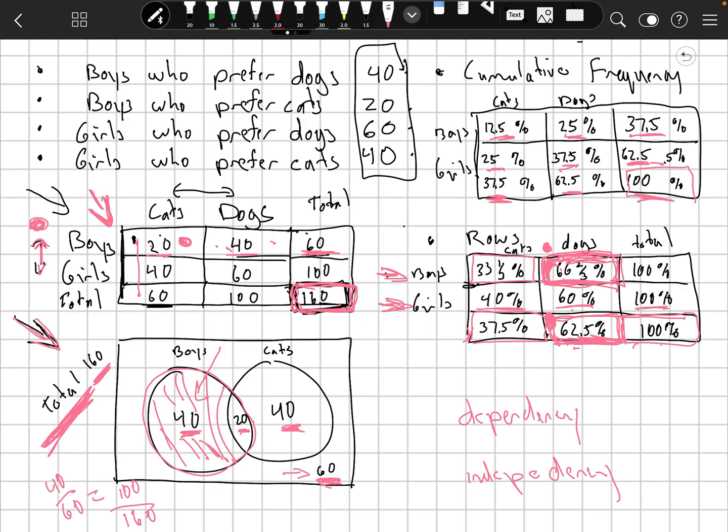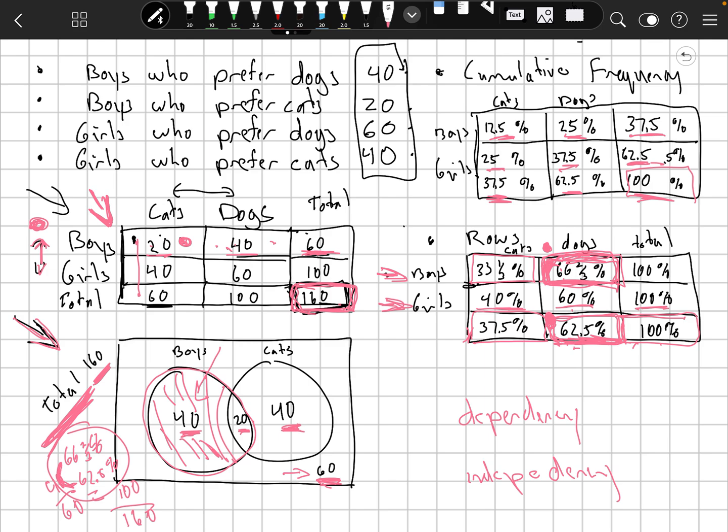They're independent, and there's no bearing of one on the other. So if you're a boy, it won't determine whether you like dogs or cats so much. But if there is a considerable difference here, there is a dependency, and 40 out of 60 is 66 2/3%. And then 100 over 160 is about 62.5%. So there's a slight dependency here. These numbers are off by a little bit.